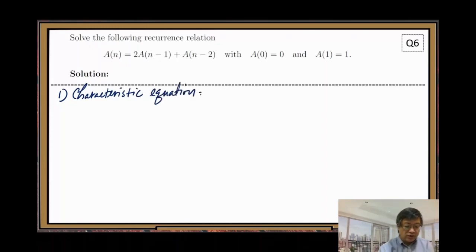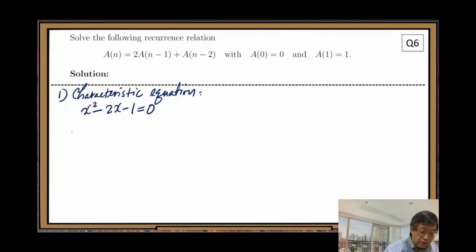So what's that? X squared minus 2x minus 1 equals 0, because you move 2 times x to the left-hand side. That's the characteristic equation.